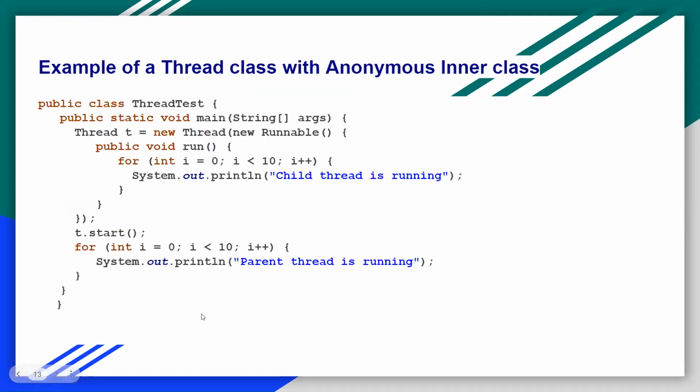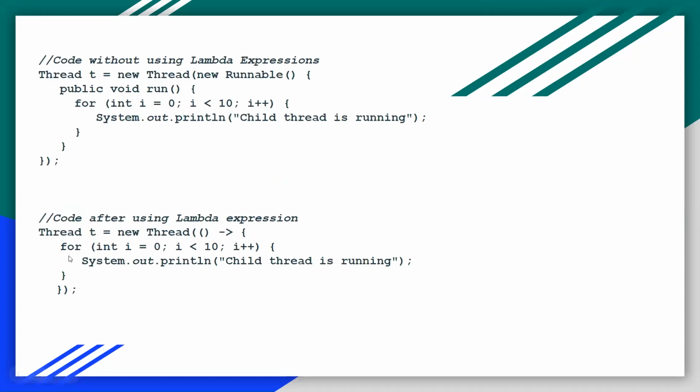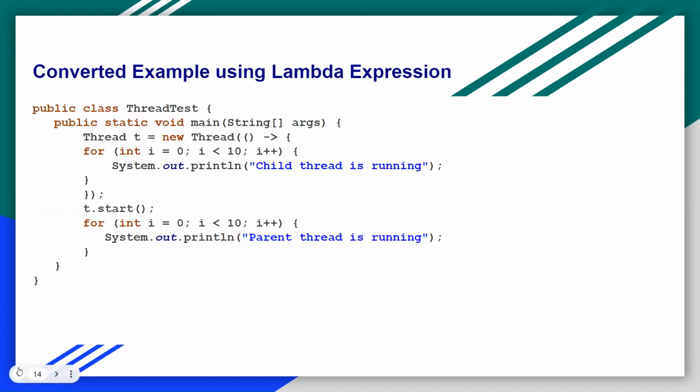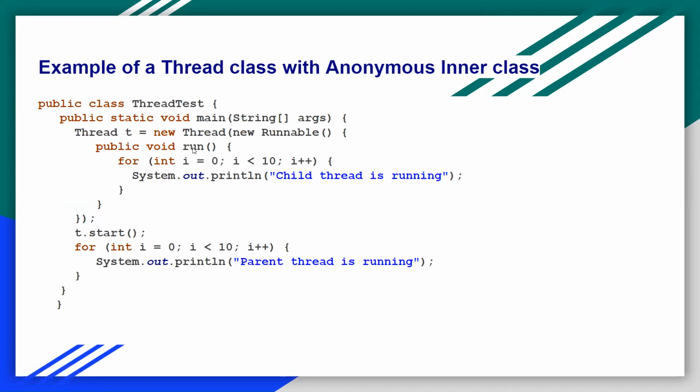Next is the example of a thread class with the anonymous inner class. So this is the thread test class, and inside that main method, and here the object of thread is being created.